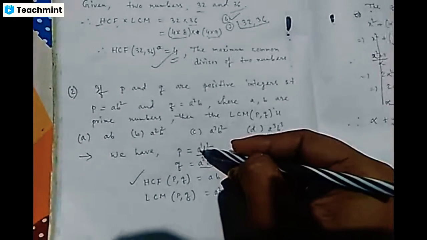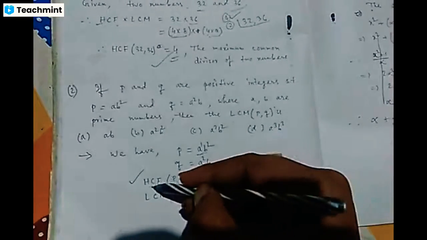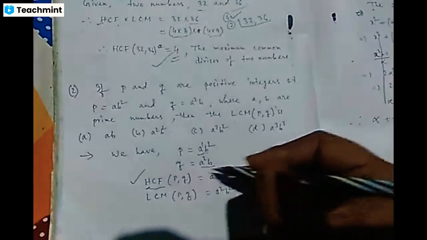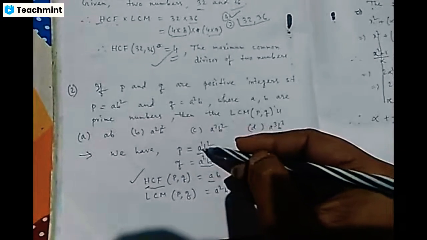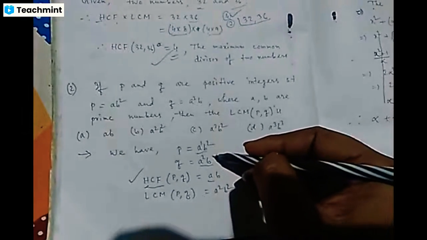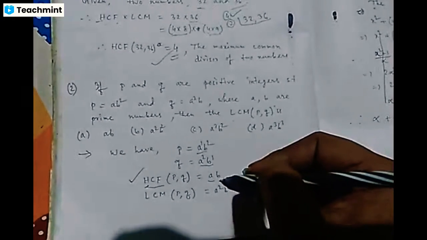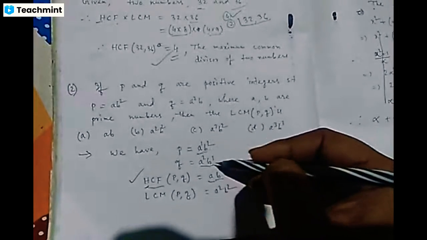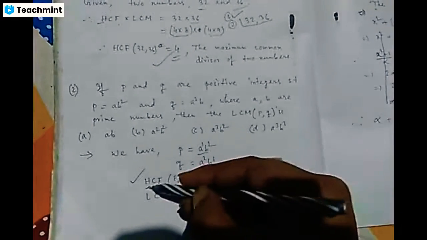Here 1 is the least power of A, and 2 is the greater power of A. So for the highest common factor, we take A to the least power, and B is also common for both the numbers. Here B to the 1 is given, and 2 is the greater power, so 1 is the least power, so we'll take B also. So both are common and the least power is taken. So this is the highest common factor.